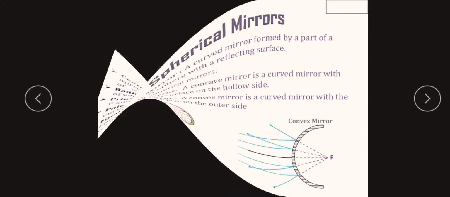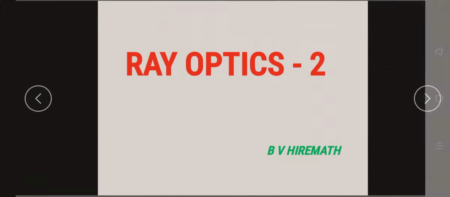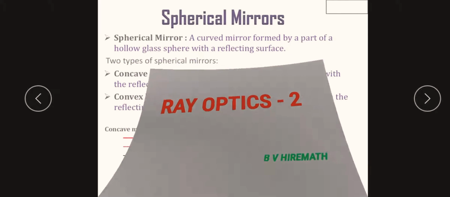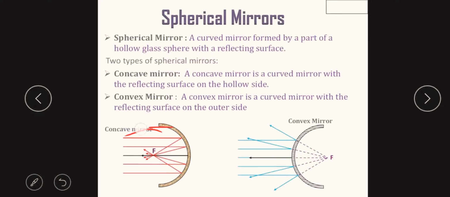Like this, if you consider a sphere, and a part of the mirror is taken, then this is what we call a spherical mirror, and the center of this sphere is what we call the center of curvature.